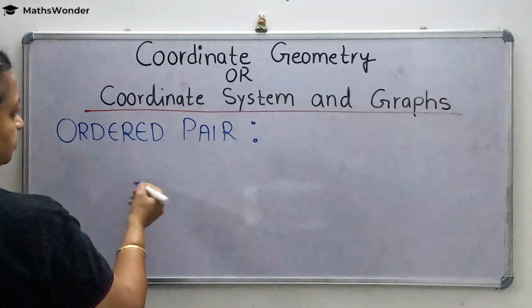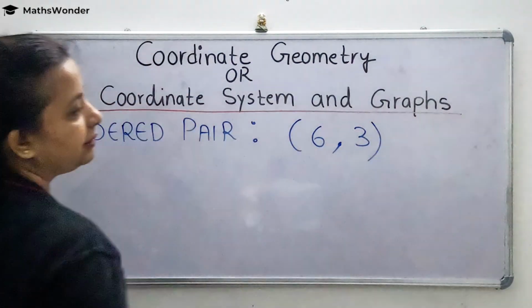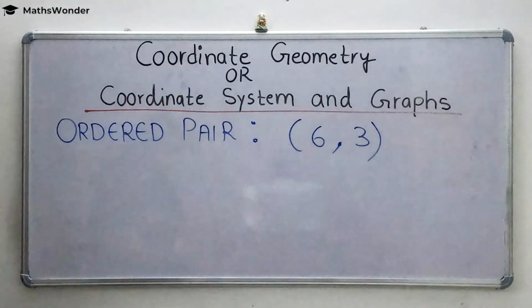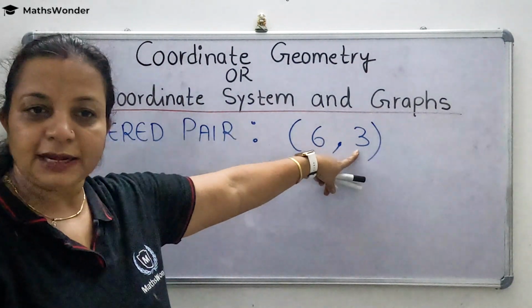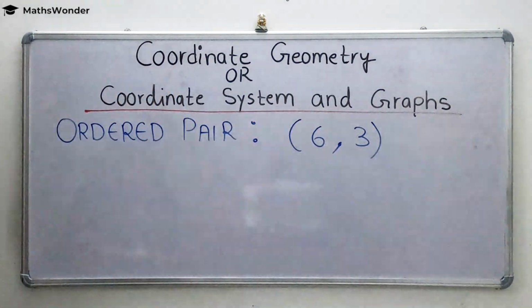Suppose 6, 3. So A is at first place and B is at second place, right? So this is called an ordered pair.